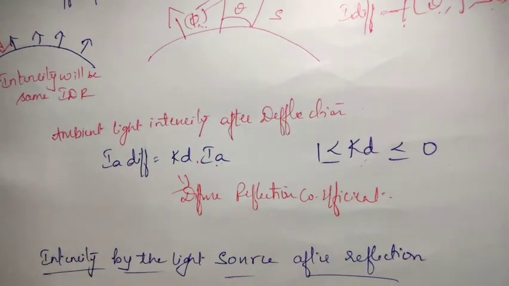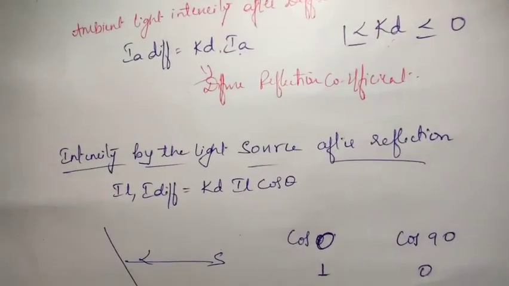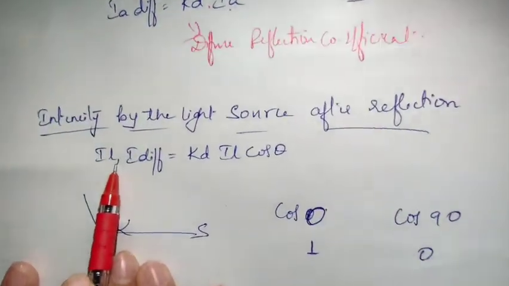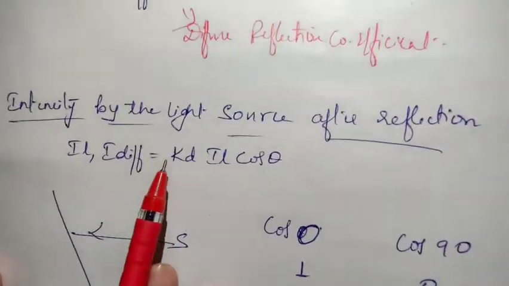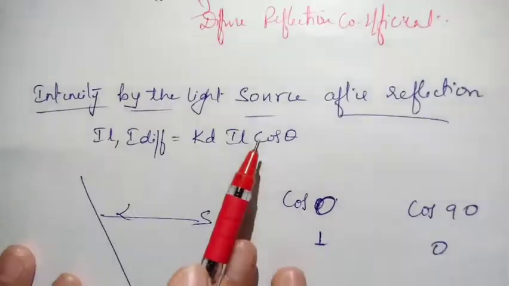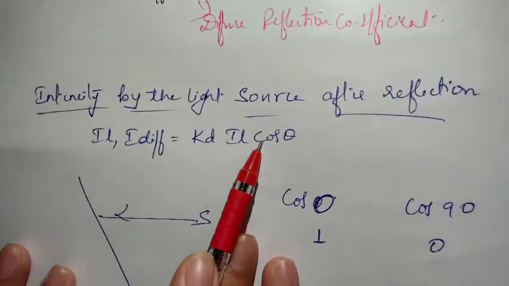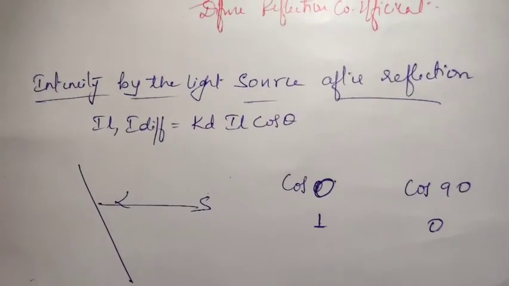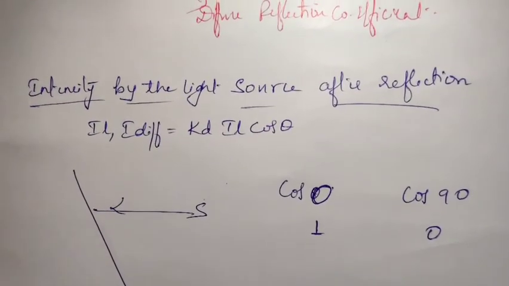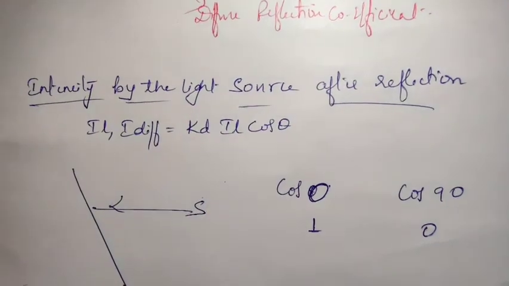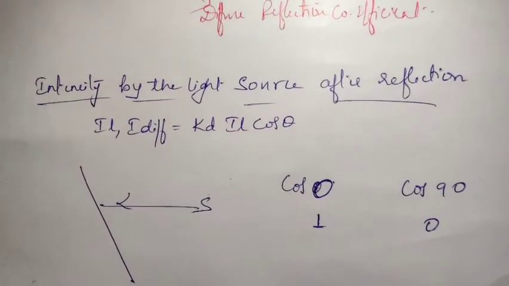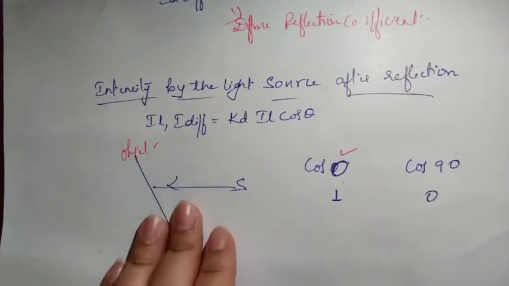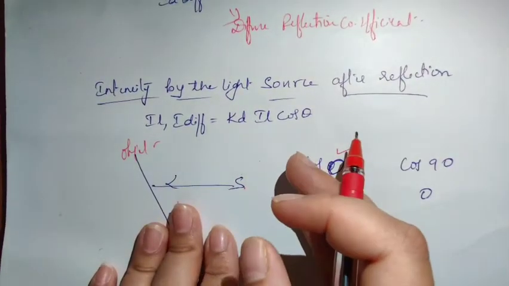Here the intensity of the light source after reflection will be KD IL cos theta. We can calculate this by using the cosine function. The intensity of the light source after reflection is calculated using this cosine function. When the light source falls on any object, all of this is represented using the cosine function.